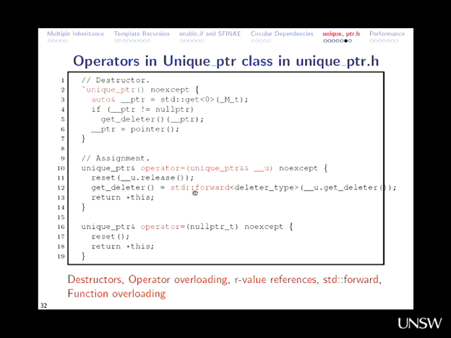So the standard forward is having to be used to pass the object across. The same applies for assignment in the special case where something's a null pointer, okay? Also note up here you've got an R value reference, okay? So again, 20 lines of code, and you have destructors, operator overloading, R value references, standard forward, function overloading. Function overloading because you've got two operator equals for two different data types coming in. Okay?